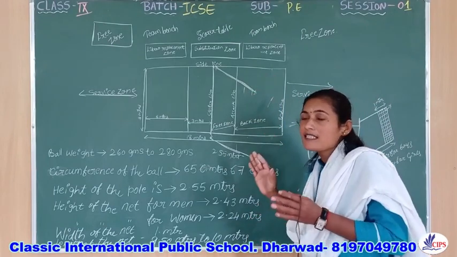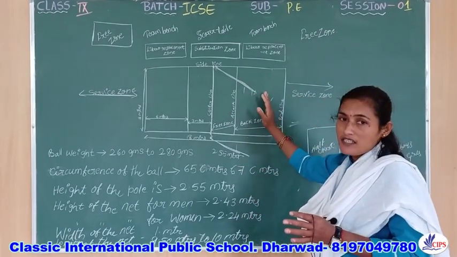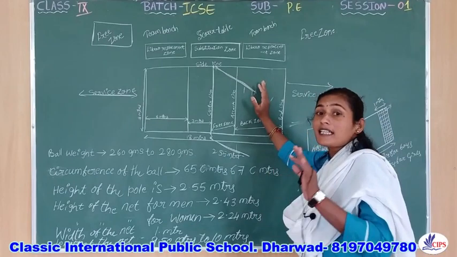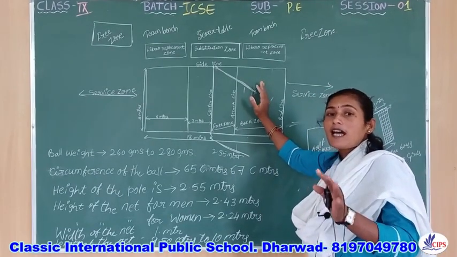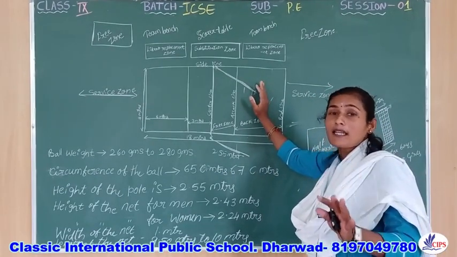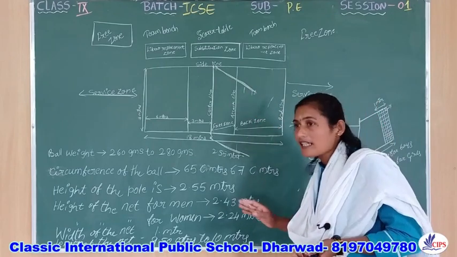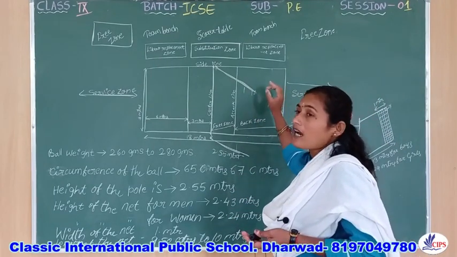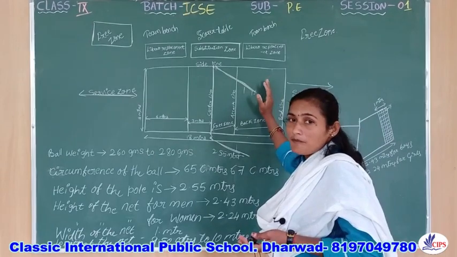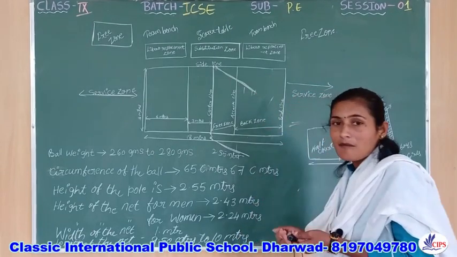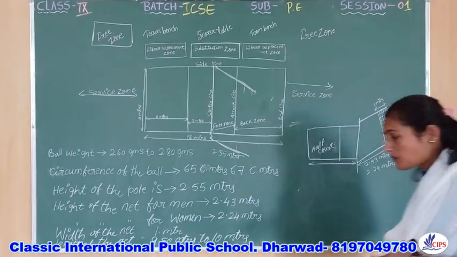Okay, the same player cannot touch the ball twice. Two continuous touches are not allowed from a single player in this game. Once he has touched the ball, he should go back or move forward.